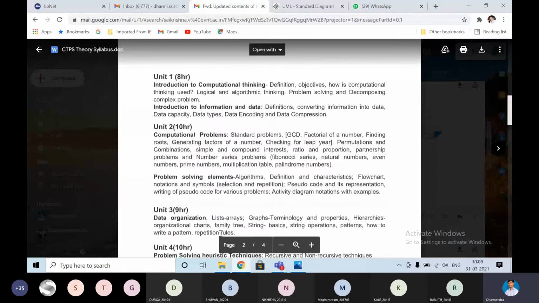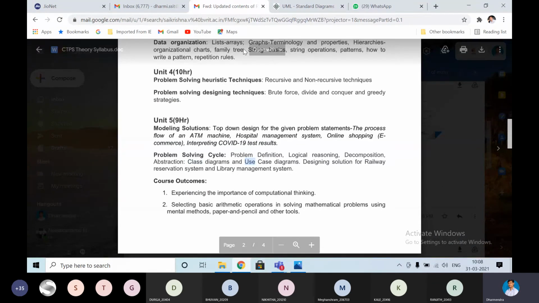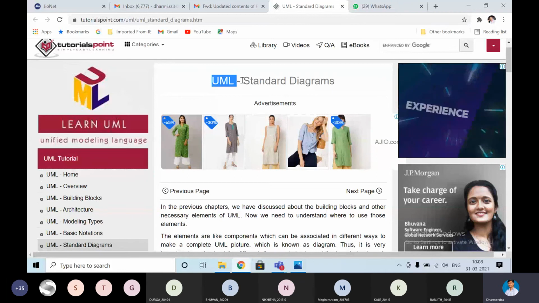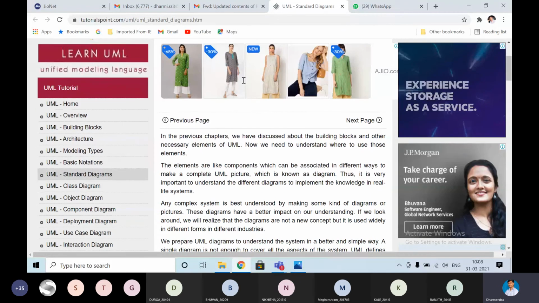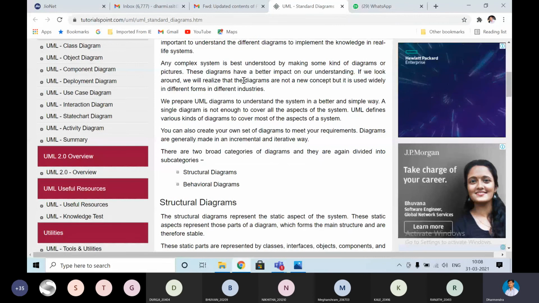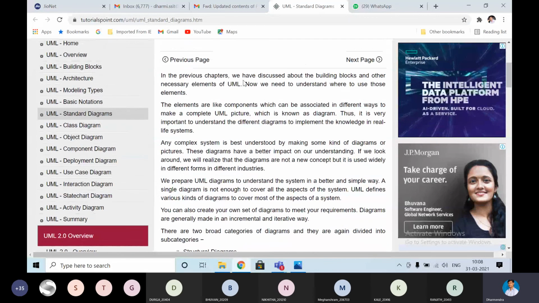Here, the class diagram and use case diagram come under the UML diagrams. It is also used to create a blueprint for the project, by using different types of diagrams, so that you can easily understand whatever information they have given.